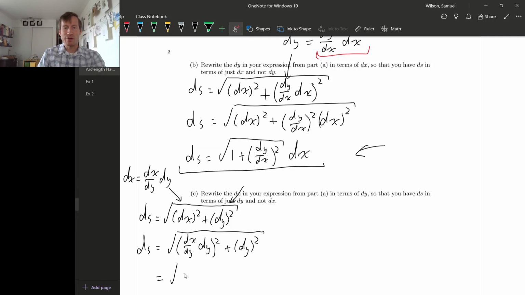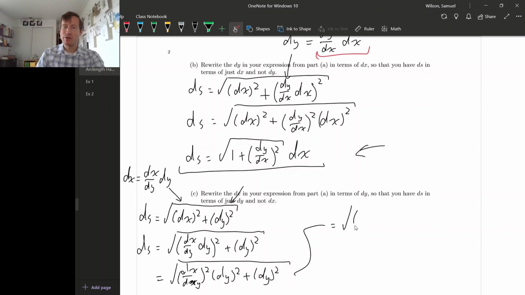This is the square root of (dx/dy) squared times dy squared plus dy squared, square root of that whole mess. So now we can pull that dy outside of the square root, and we get the square root of (dx/dy) squared plus 1, all times dy.